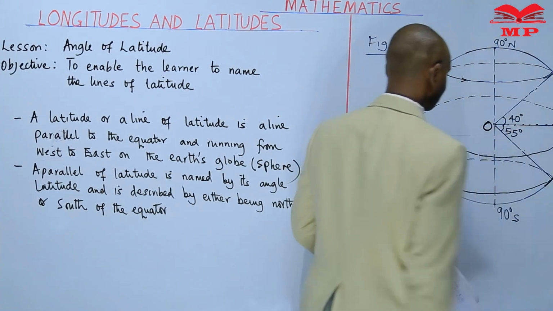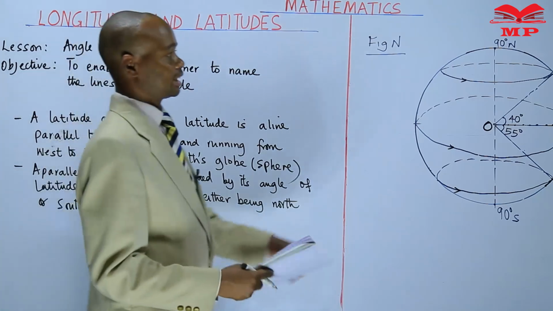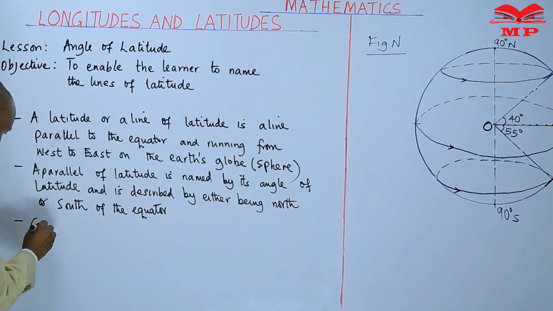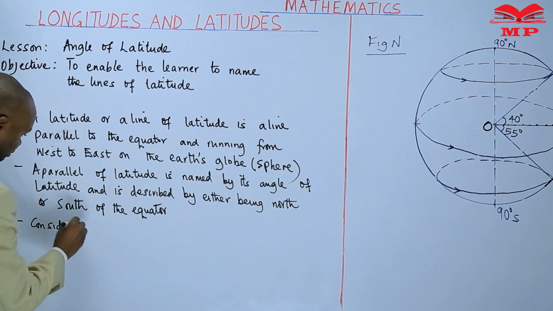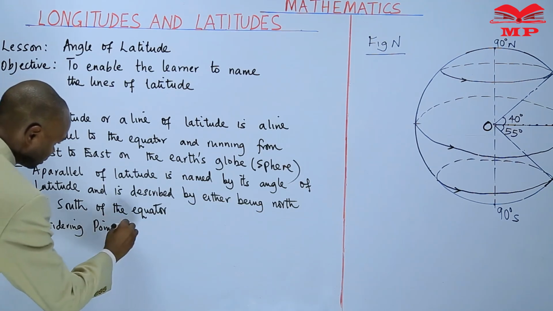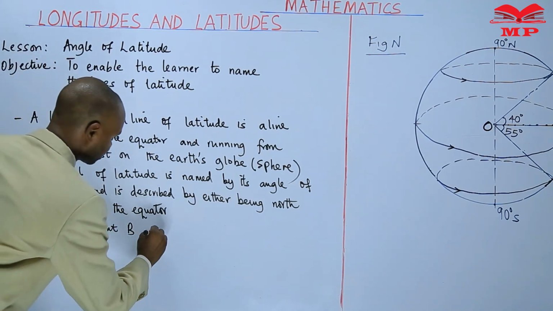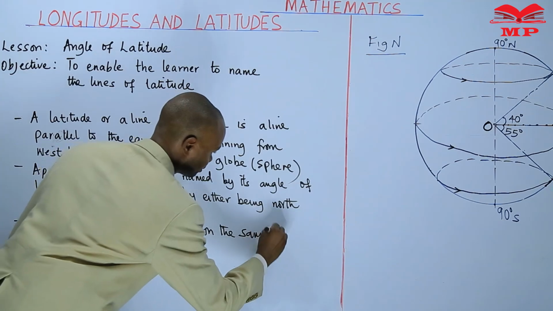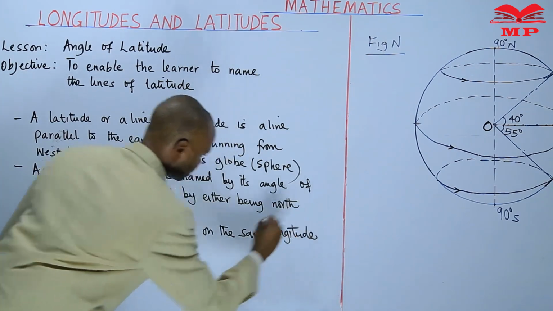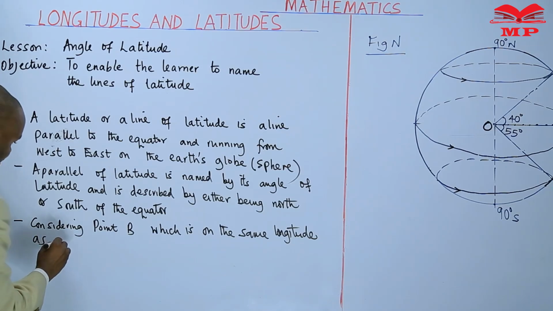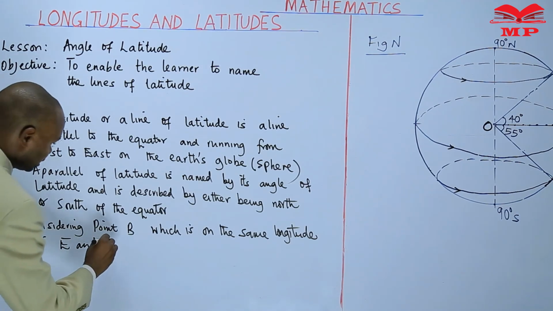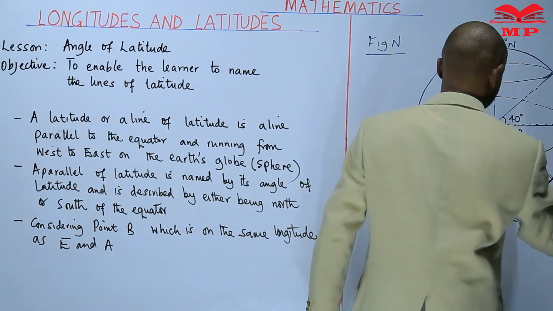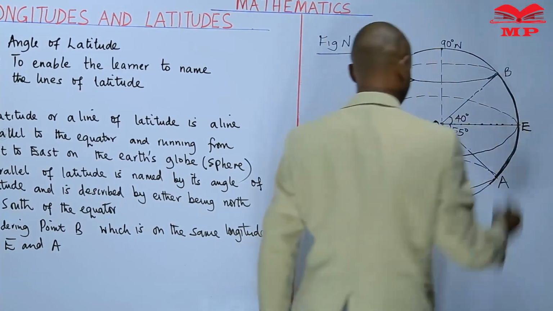When we want to consider point B, you want to get the latitude of B. Considering point B, which is on the same longitude as E and A. When I talk about the longitude, it is this line.